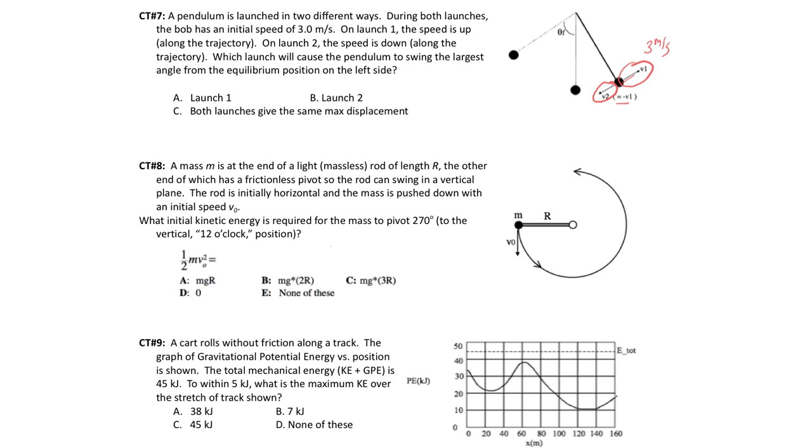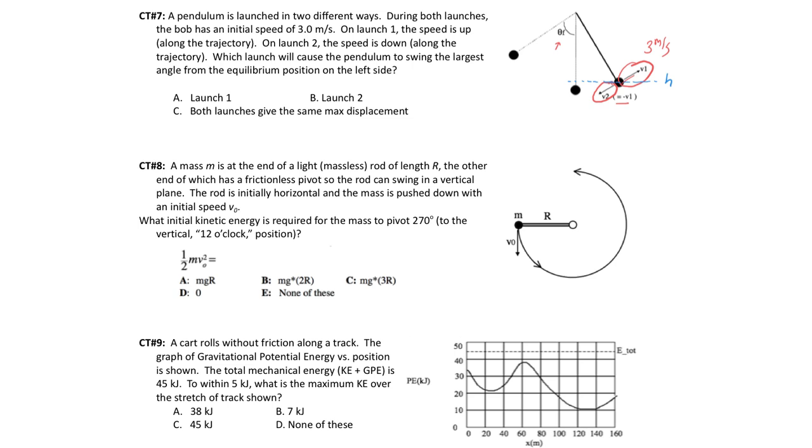So then the question is, which launch will allow it to have the largest angle on the other side? Well, hopefully you are recognizing that in both situations it starts at exactly the same height. Now that's significant because that means it's going to start with exactly the same gravitational potential energy.